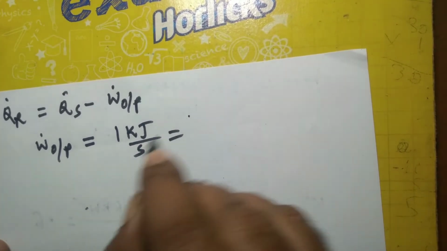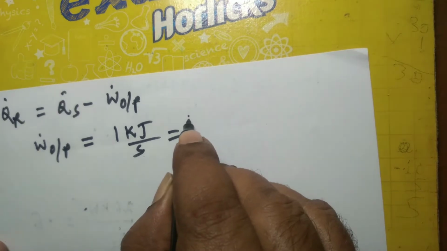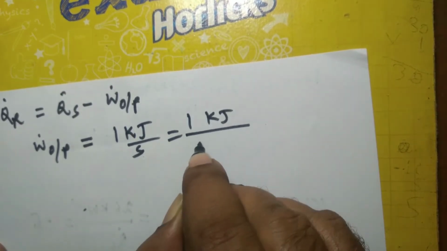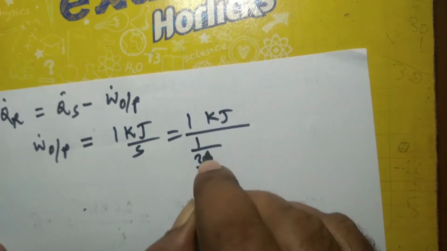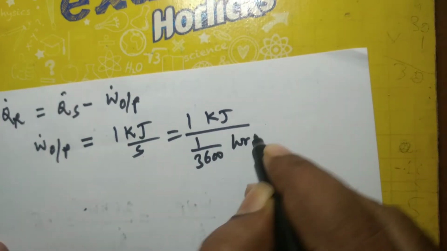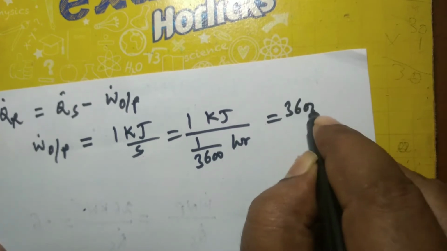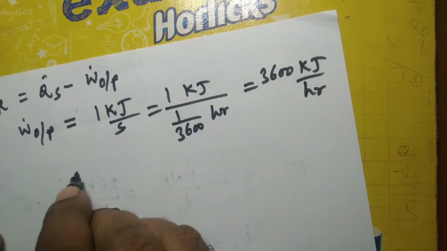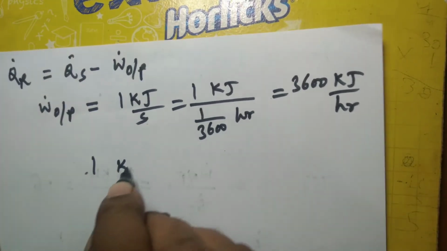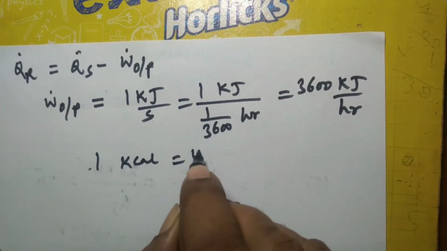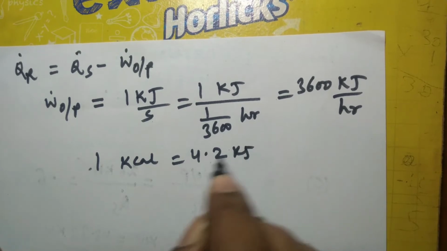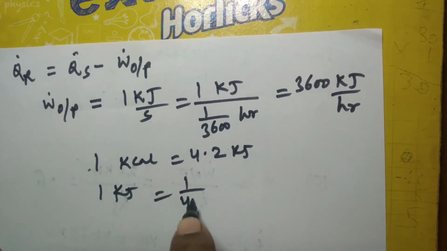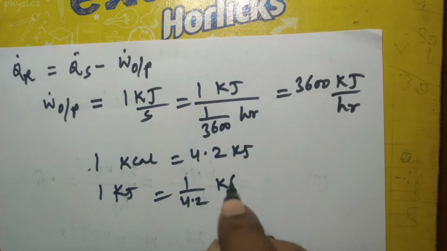This is equal to, first we have to convert this second into hour. 1 kilojoule divided by 1 second is nothing but 1 by 3600 hour. This is 3600 kilojoule per hour, and 1 kilocalorie is equal to 4.2 kilojoule. So 1 kilojoule is equal to 1 by 4.2 kilocalorie.